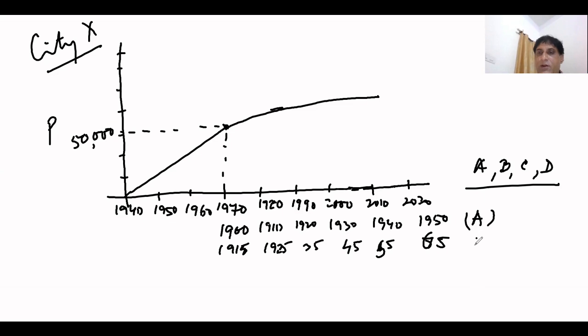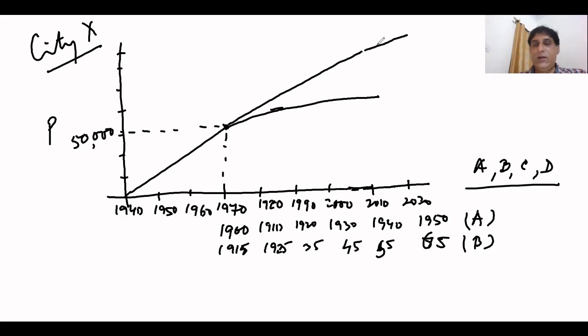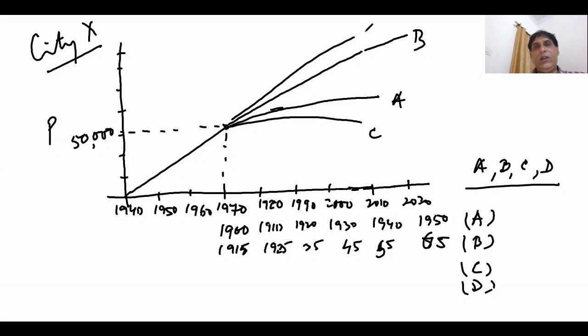So we know the population of city B in year 1965. Now we plot a curve for city B. Now let this curve be like this, right? Same for city C and same for city D. Now this is for A, this is for B, this is for C, and say for D it is like this. So the anticipated population of city X would be somewhere between these four lines.